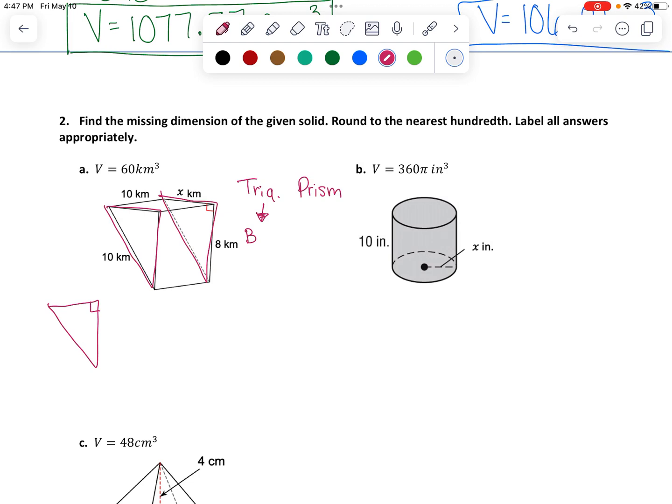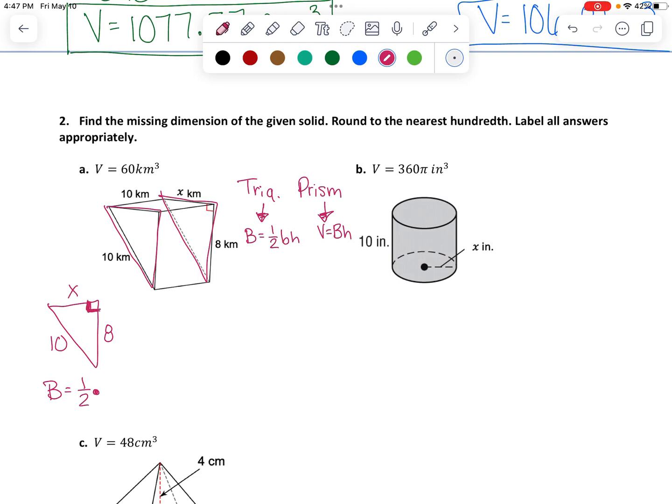So, to do these ones, I start this process the same way. I think about what my formulas are, and I calculate what I can. In this case, this is 10, this is x, this is 8. My base area is 1/2.